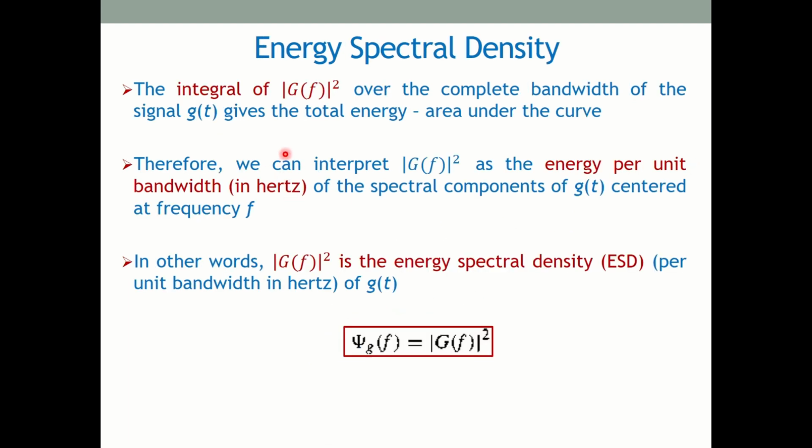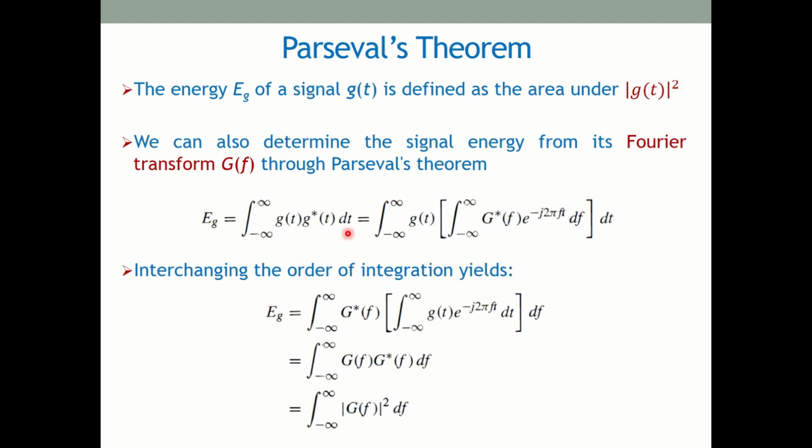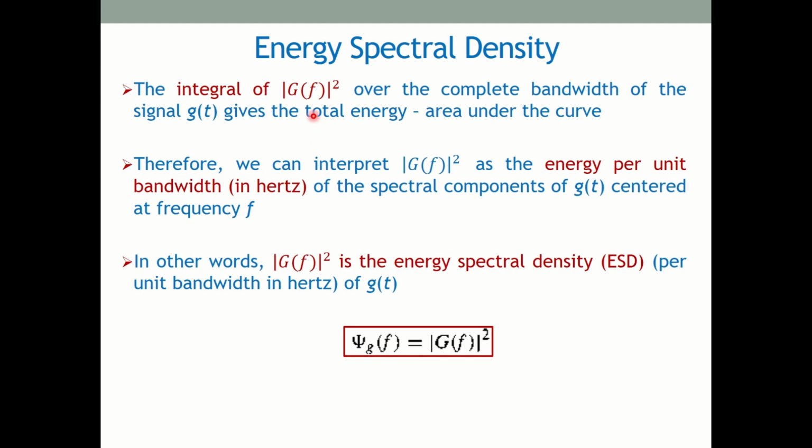So whatever is inside this expression, if the overall integral gives us the energy, that must be energy divided by frequency. Which means that this term, the magnitude square of G(f), is actually the energy spectral density.